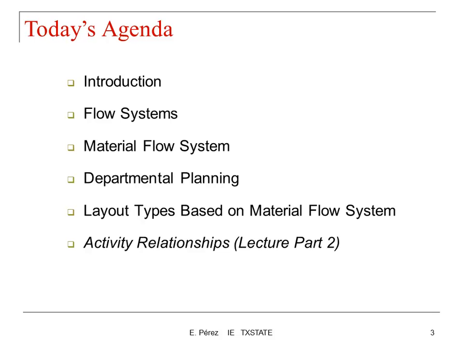That includes departmental planning, meaning which departments are going to be part of this new facility and how they are going to be related. If you need to take this vehicle through this line, what things do you need close to the vehicle so you can assemble all the important components? We're going to discuss part of that here in this lecture, along with layout types, material flow systems, and so on.